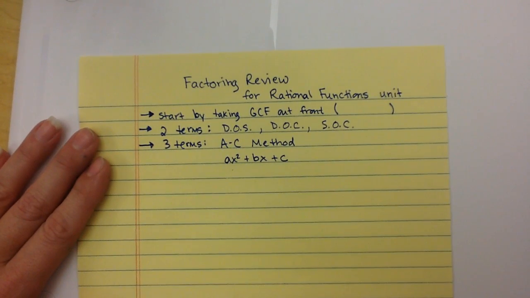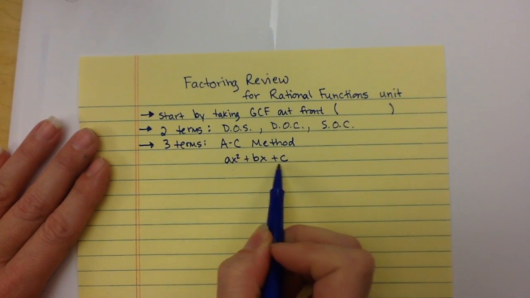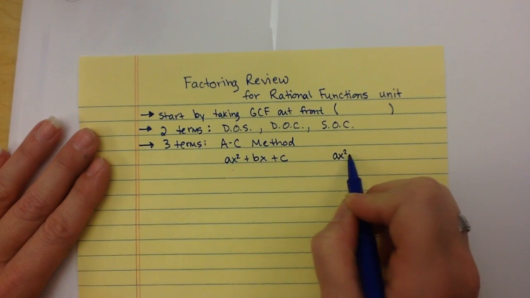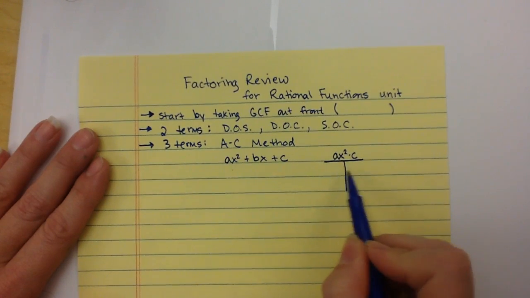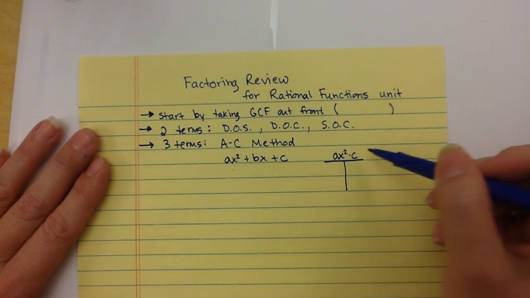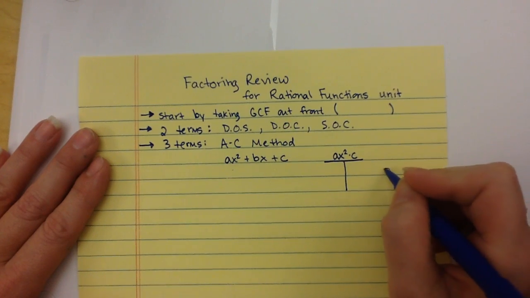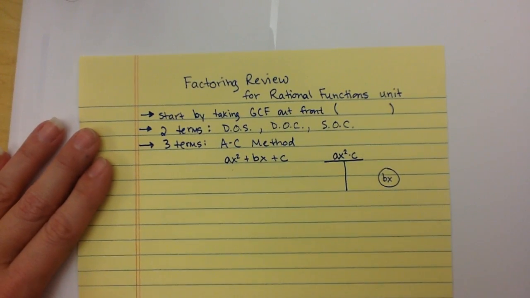In the AC method, we're going to take the first term ax squared times the last term c. So we'll have ax squared times c, and then we're going to look for pairs that would multiply to give me ax squared times c, whatever that is, but add to give me the middle term of bx.